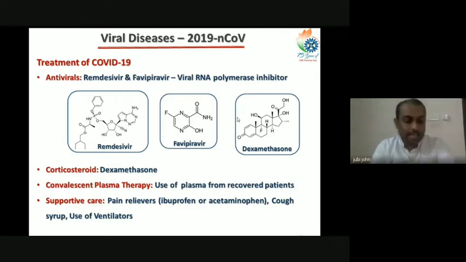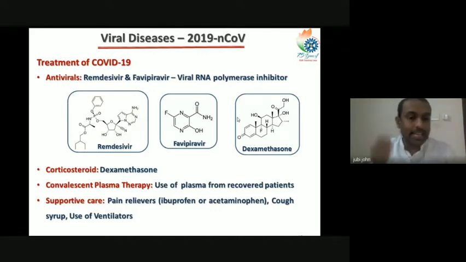So what is being done is, from the recovered person, the blood plasma is taken and injected into an infected person, so that the antibodies will trigger the immune system and produce larger amounts of antibodies, and thereby decrease the infection. But there are conflicting reports that plasma therapy is not as efficient as it is being projected.